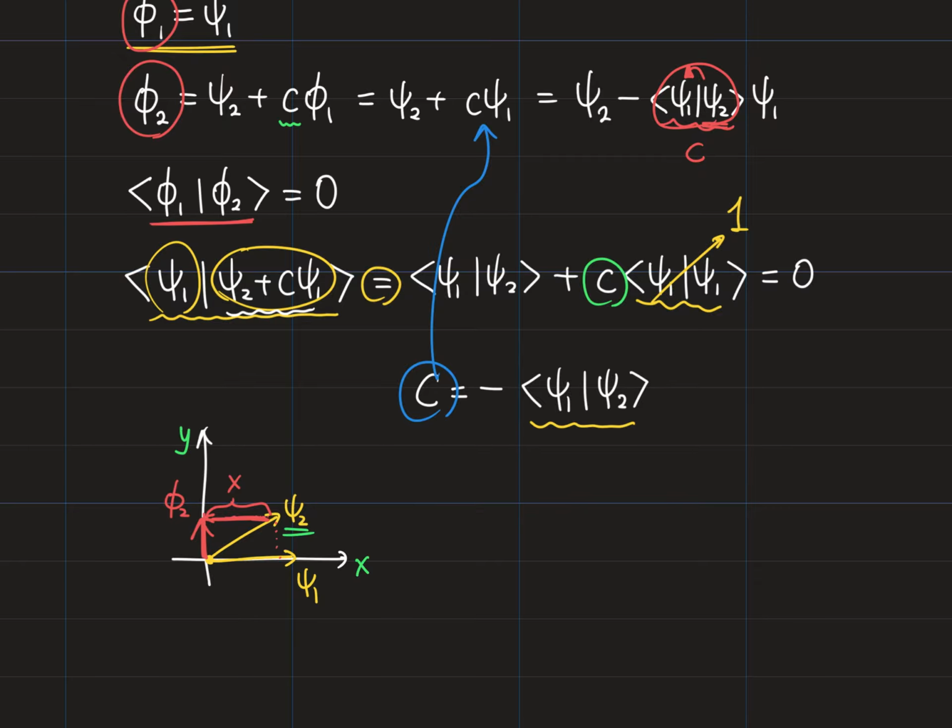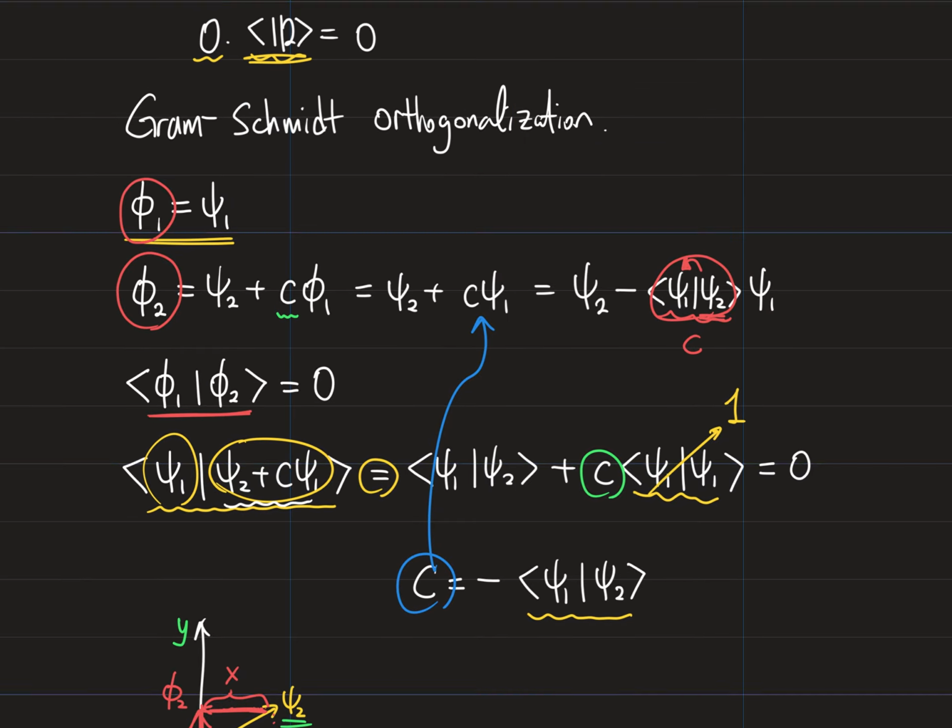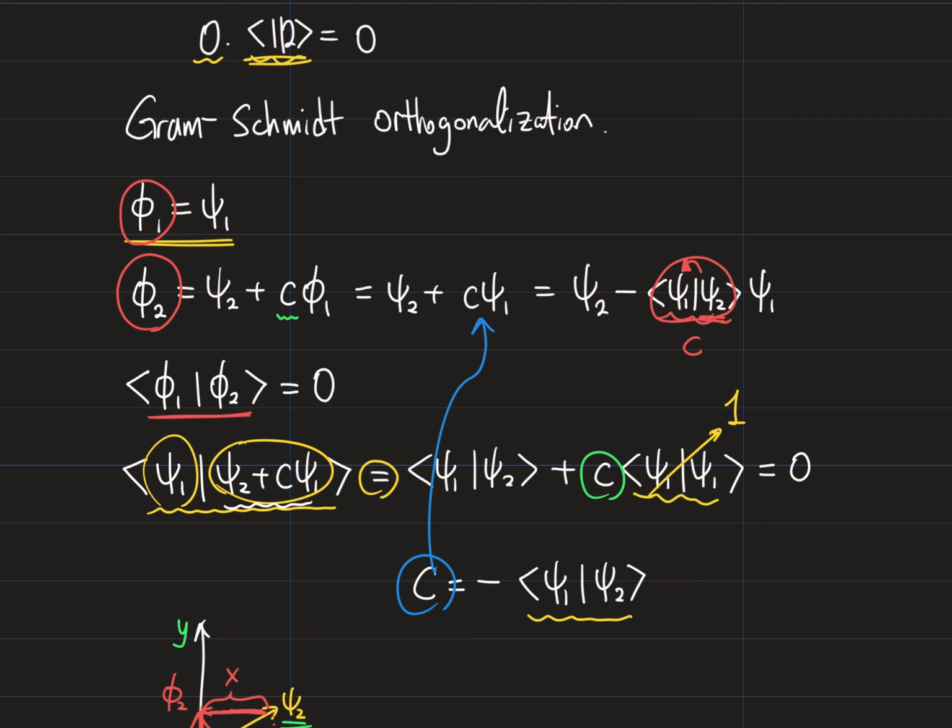Even though this looks quite abstract, if you have an analogy with geometry, like vector orthogonalization, that is quite straightforward. Okay, let's move on to the next page.